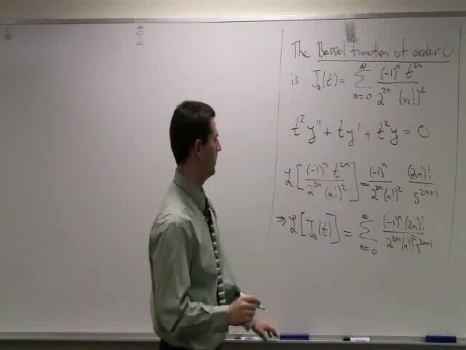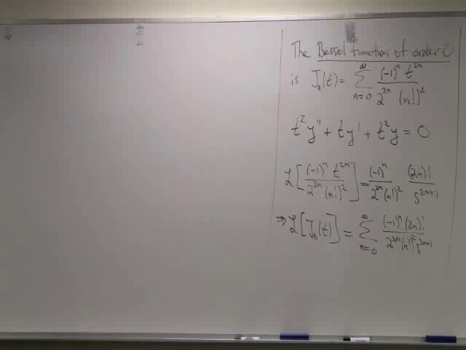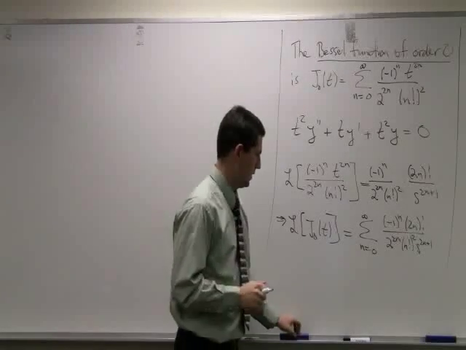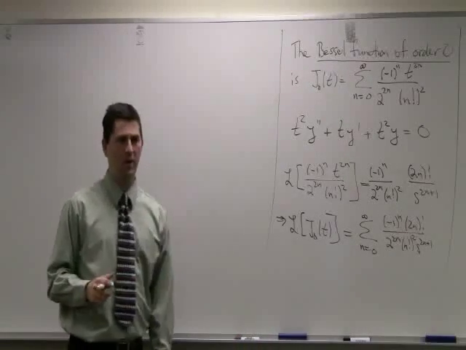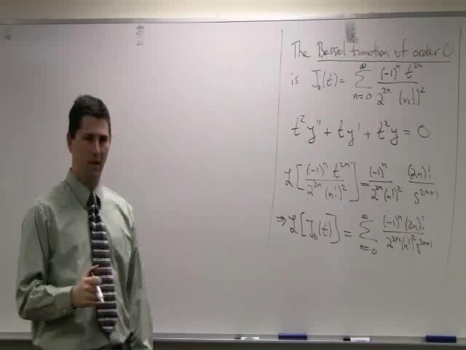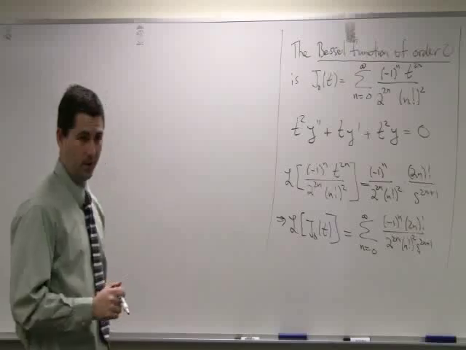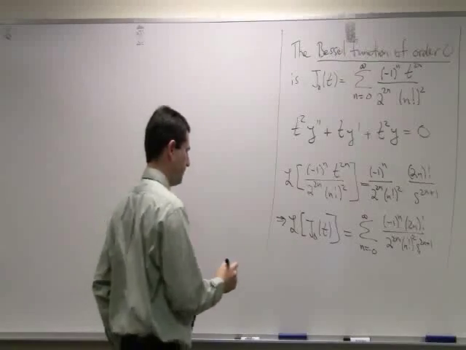Good. Okay, but we still don't know what that looks like. So when you don't know what an infinite series really looks like, sometimes it's useful to write down a few terms and then fiddle with it a little bit.